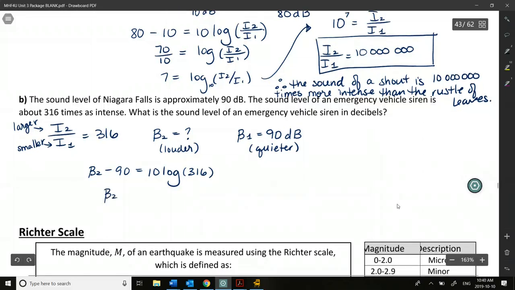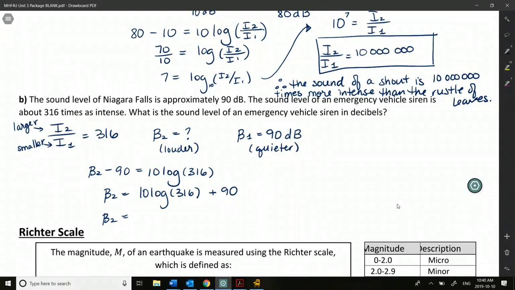So I'm going to calculate 10 times the log of 316, and then once I've calculated that, I'll add 90 to that answer. Make sure the plus 90 does not get included inside your logarithm. We're just adding that after we do that first part.